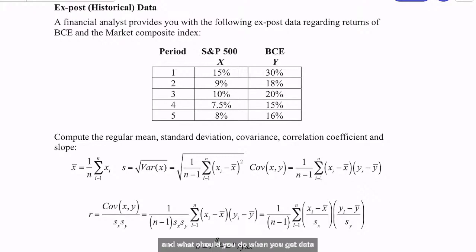And what should you do when you get data? First thing you should do is make a scatter plot. Why don't you make a scatter plot of that data?